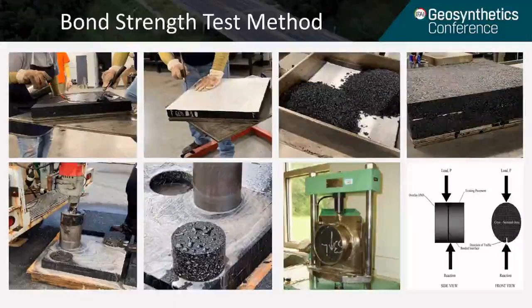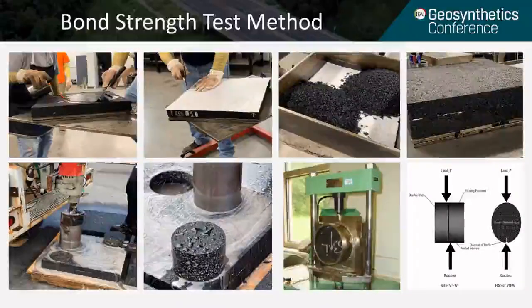Similar to the permeability test, the laboratory samples for bond strength test were also drilled from the compacted slabs. We compacted a 2-inch thick dense graded asphalt slab for the bottom, and then sprayed the tack coat, placed geosynthetic, poured dense graded loose mix, and then compacted the top 2-inch asphalt slab.